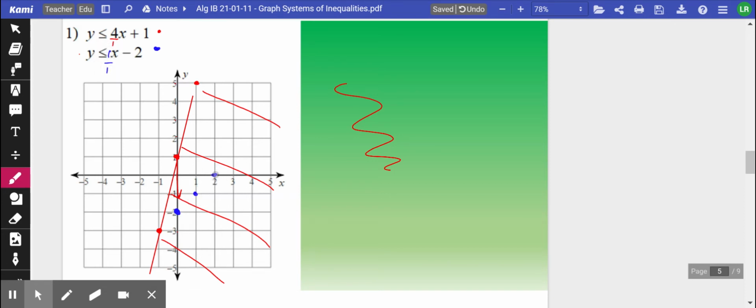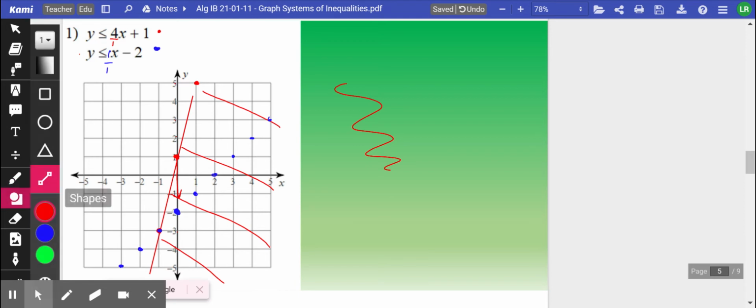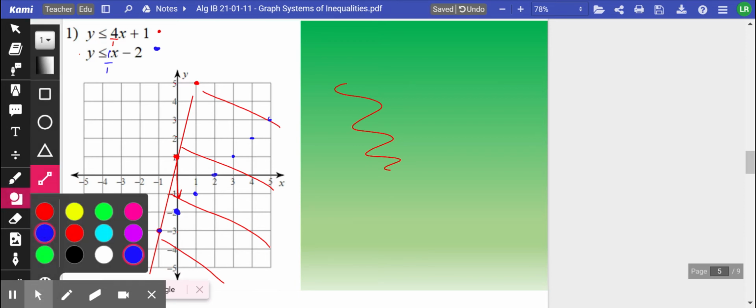And I go 1 over 1. I make my extra point so I have an accurate graph. What type of line would this one be, dotted or solid? Solid line. Okay, so I'm going to make my solid line.